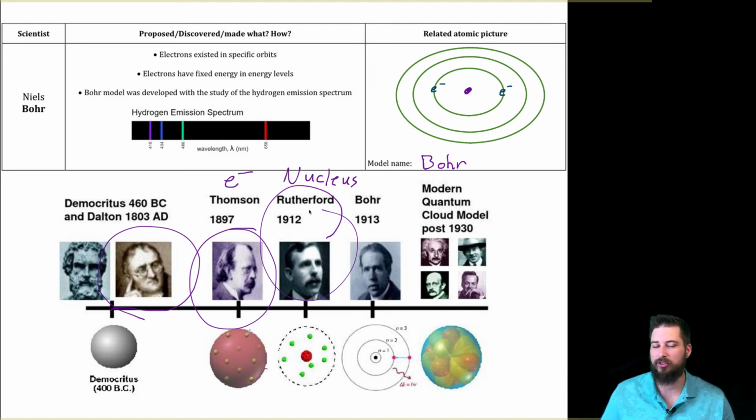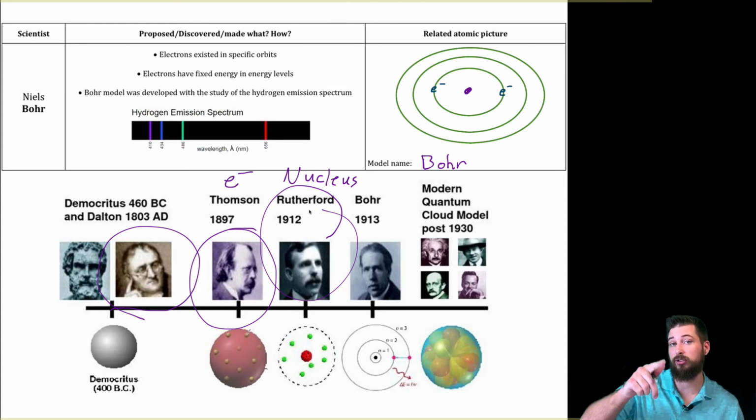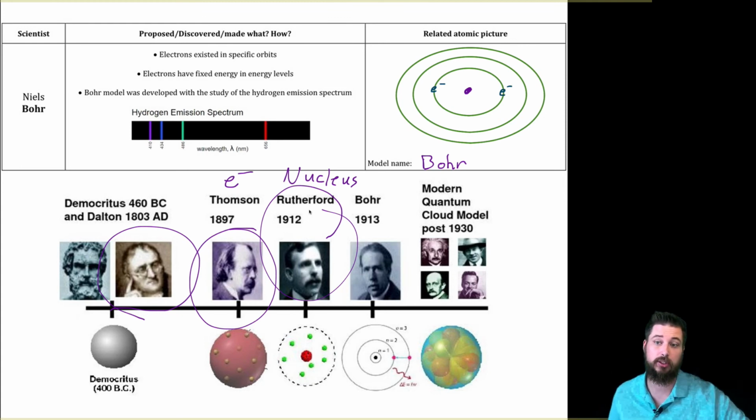Just a side note, how many electrons go on the first energy level? This is something that you did learn in middle school at some point. The first energy level should have 2 electrons. How many should go on the second energy level? Well, we have a total of 8 electrons on the second energy level.